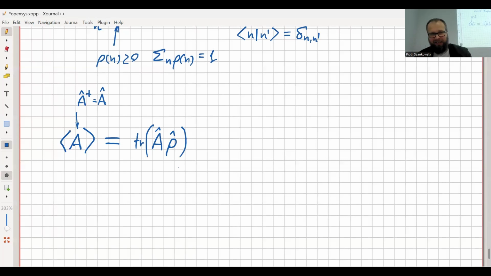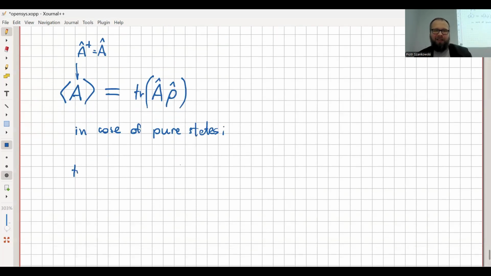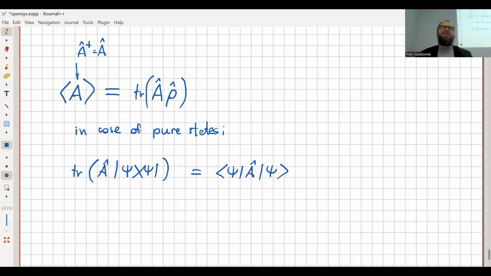And in case of pure states, so if your rho is just a projector, you multiply and you take the trace. Well, this reduces simply to the average of A, which is the formula we know from the description using only kets. Okay.